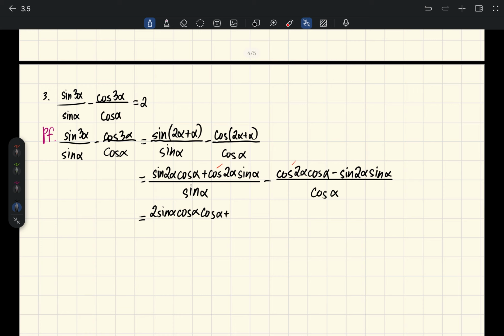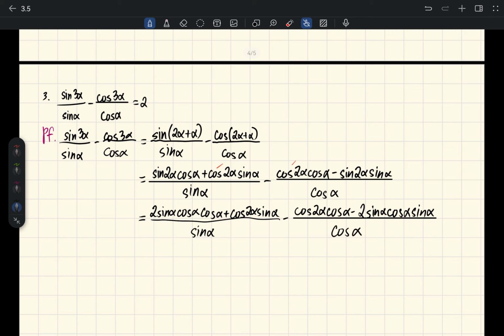Then plus cosine 2 alpha sine alpha all over sine alpha minus, so let's retain cosine 2 alpha cosine alpha minus sine 2 alpha will just be 2 sine alpha cosine alpha times sine alpha all over cosine alpha.